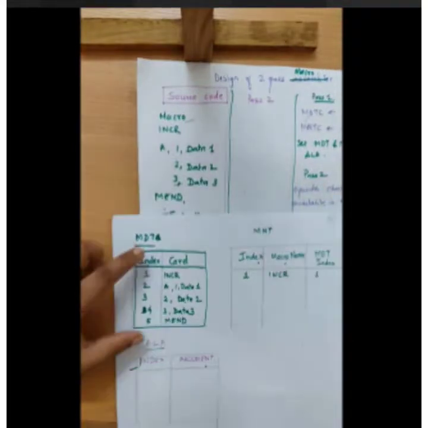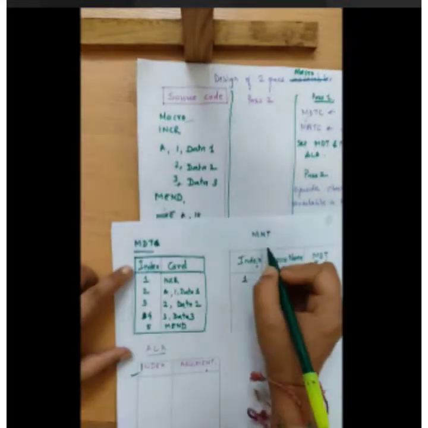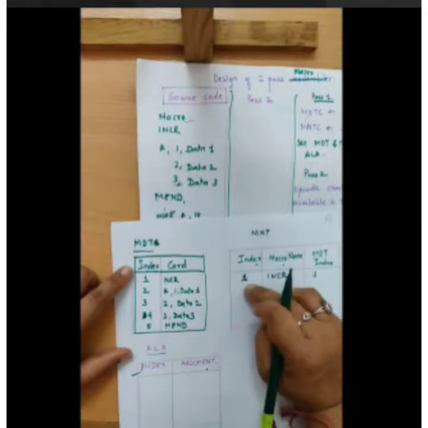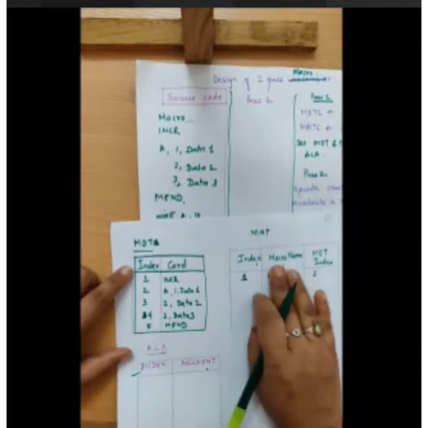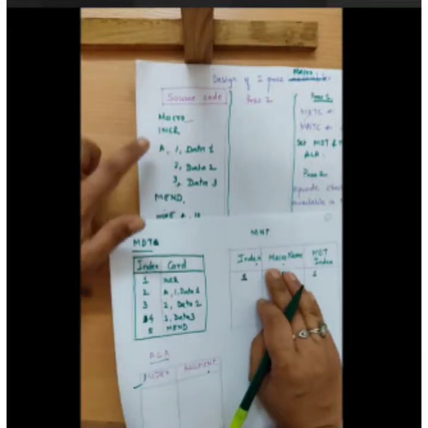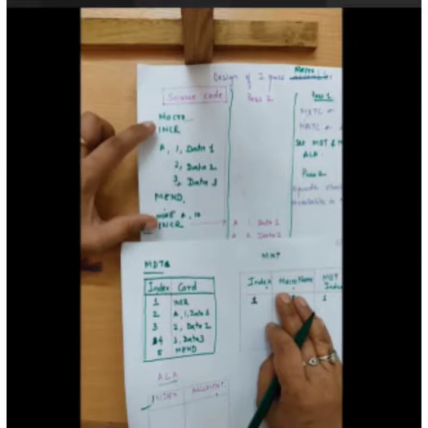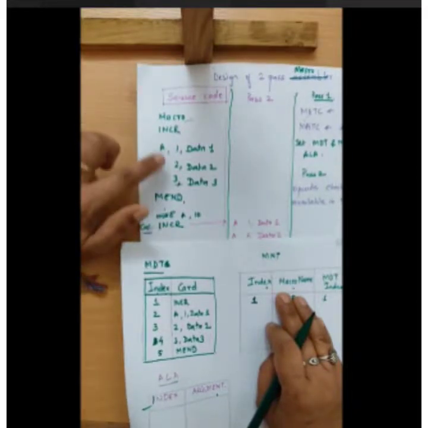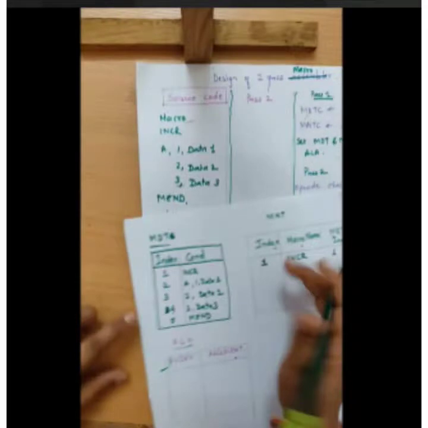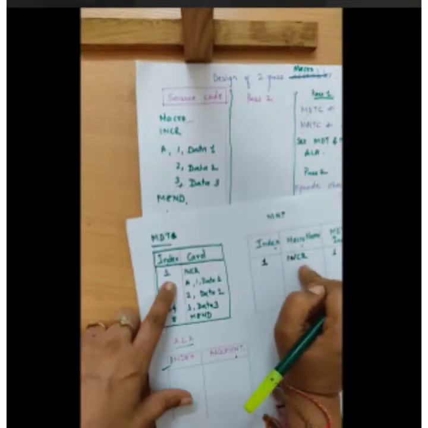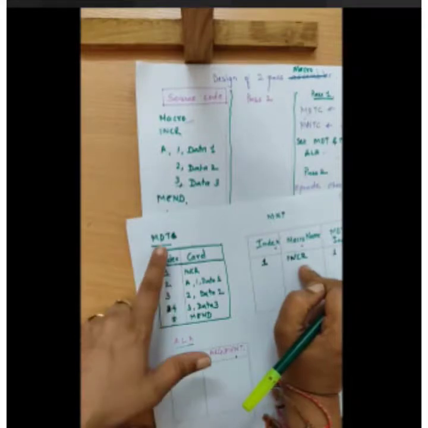What is the next table? The MNT table. In the MNT table, we again start with index 1. Here we have to write down all the macro names. So in our program, we have only one macro. We have taken a simple program here for understanding. So we enter that macro here. Now we go to MDT.